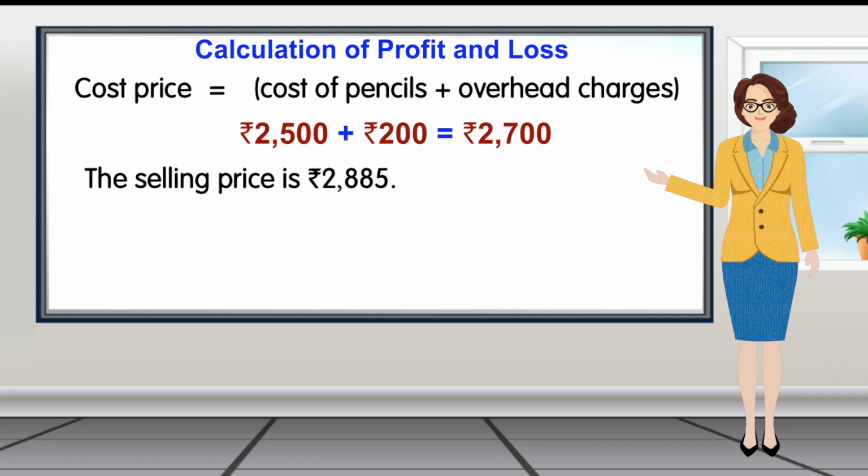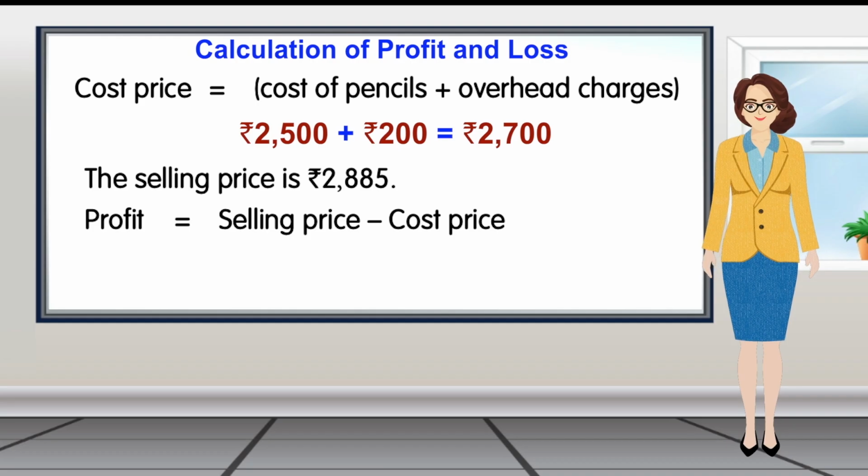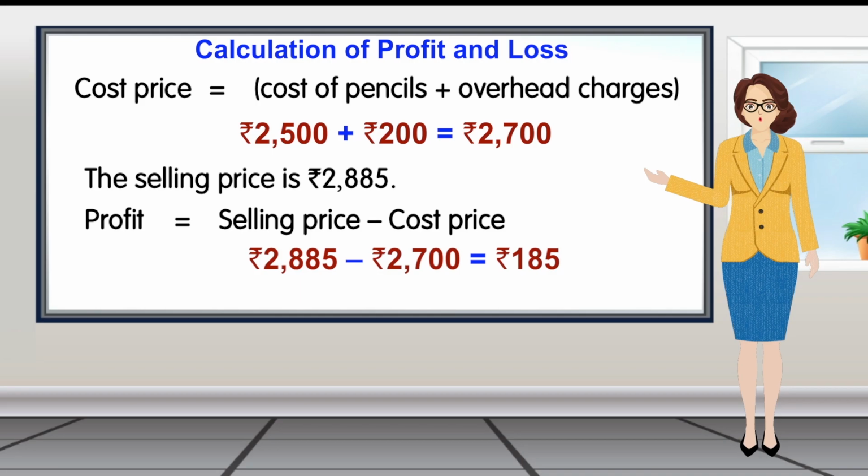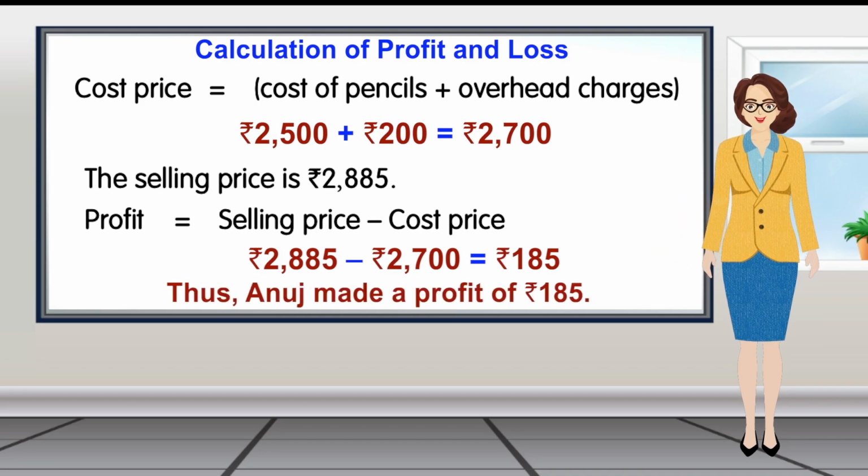We know that a seller earns a profit if the selling price is more than its cost price. Profit is equal to the selling price minus the cost price. Rupees 2,885 minus rupees 2,700 is equal to rupees 185. Thus Anuj made a profit of rupees 185.